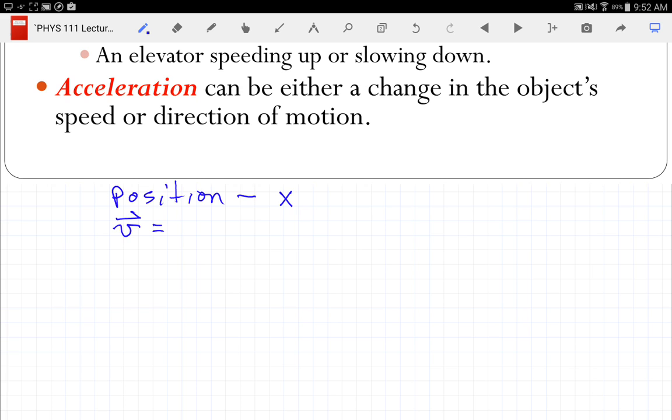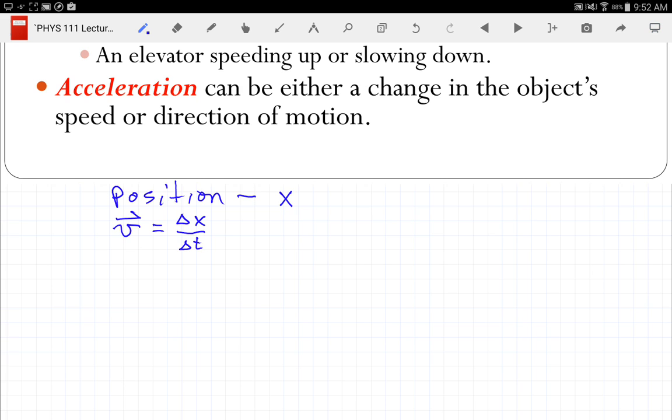Now, on the test, you'll have all the equations given to you, but understanding what they mean is really important. And so that's why I'm asking these questions. So an equation, what's the words for the equation to define velocity? Okay, change in position, so that's going to be delta x over delta t.